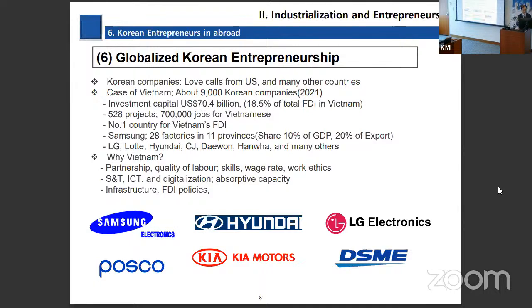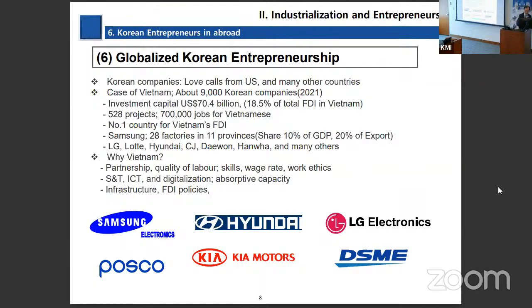I told this story in Uganda in front of Museveni, the president, and the top officials last year, at this time of year. And they asked me how they can ask Samsung to invest in Uganda. I said, you have to work very hard, because they need good skills and many other things.